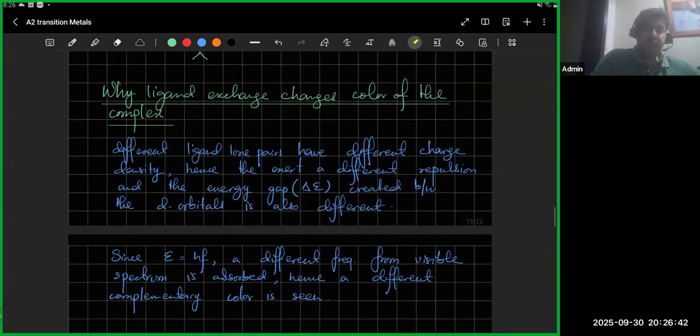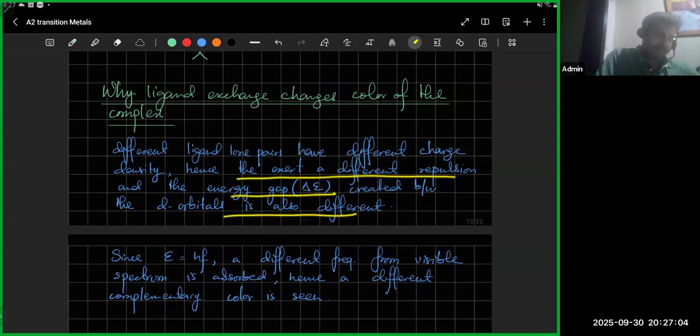If they are asking you, okay, why does ligand exchange change the color? Why do different ligands have different colors? In that one, you're going to write that different ligands and lone pairs have different charge density. Hence, they're going to exert a different repulsion. And the energy gap delta E created between the d orbitals is also different.